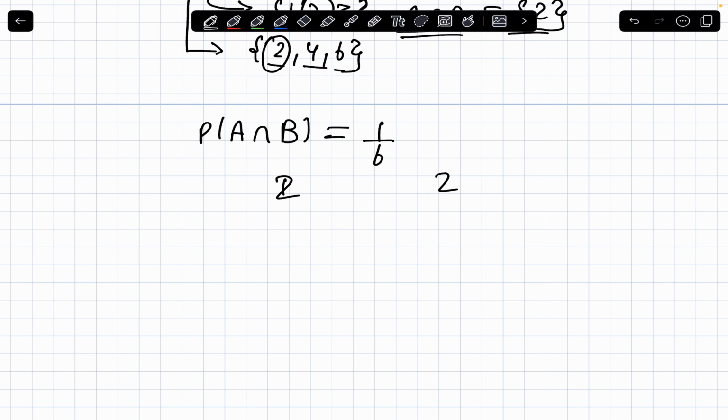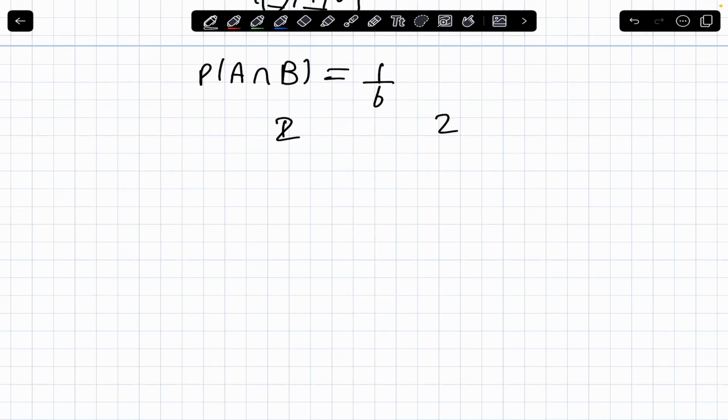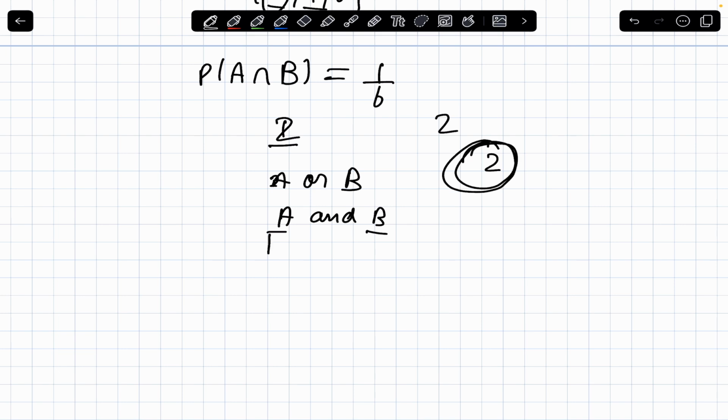In the union probability we have either A or B, but in the joint probability we have A and B. We have to satisfy A and B both: it should be an even number, and it should be less than 4. Both conditions are satisfied when we have the 2.